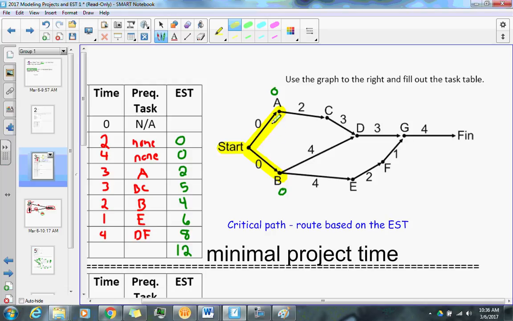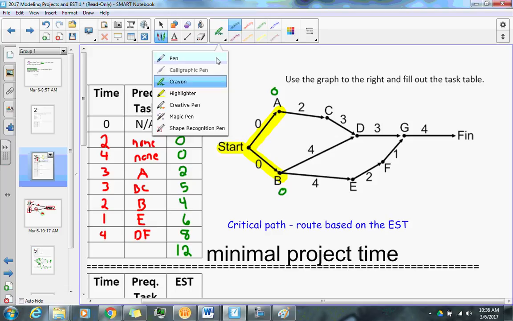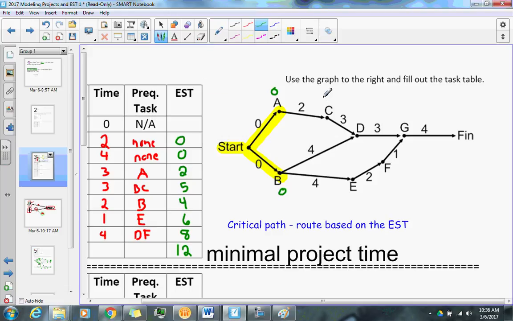Now, going from A to C. You know as well as I do the EST of C is 2. The EST of E will be 4. Notice I skipped D for a second. Let me highlight again. I'm just highlighting my path.